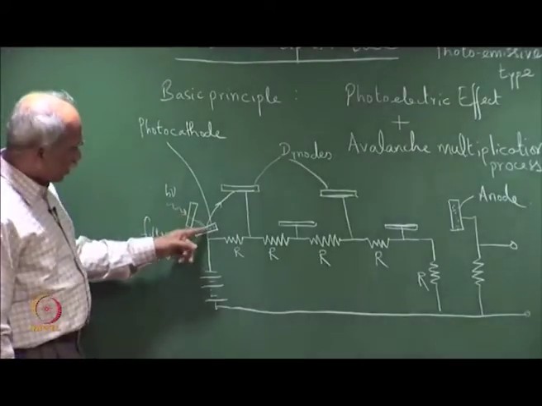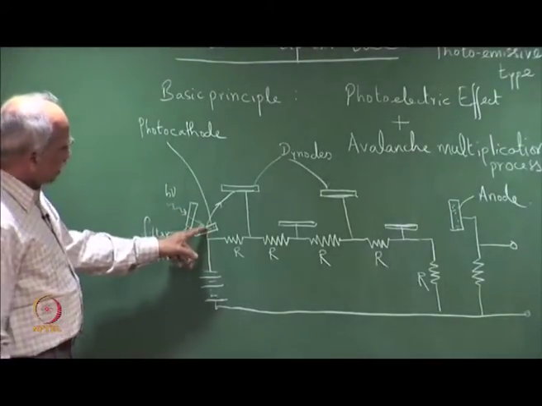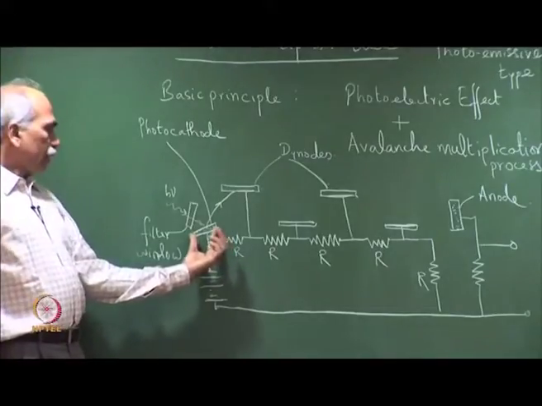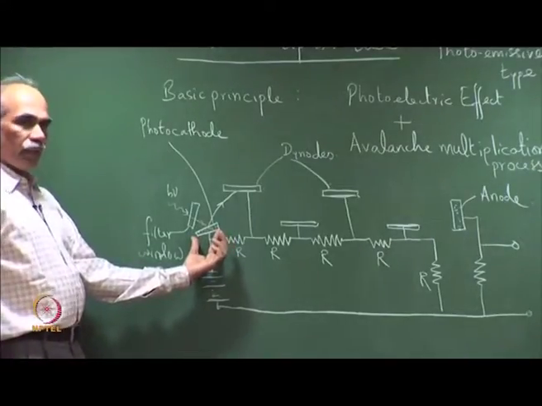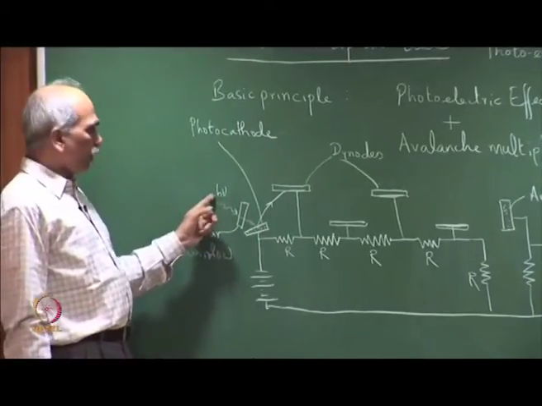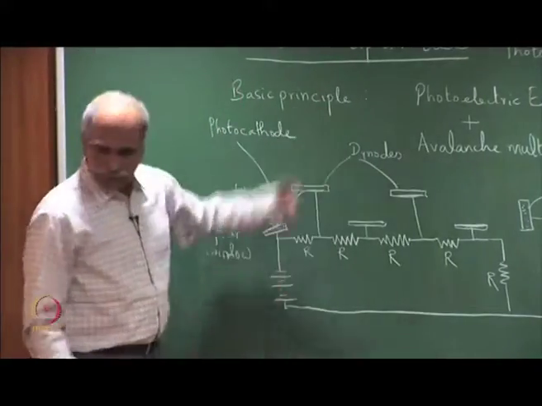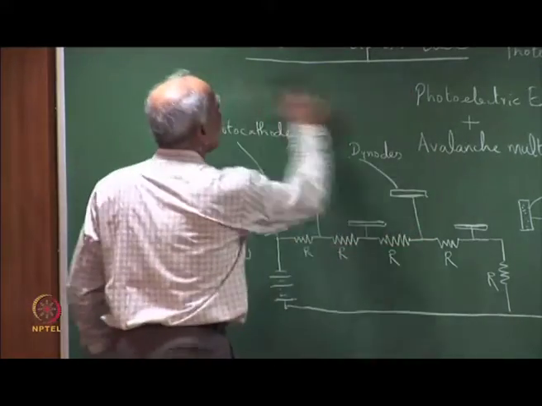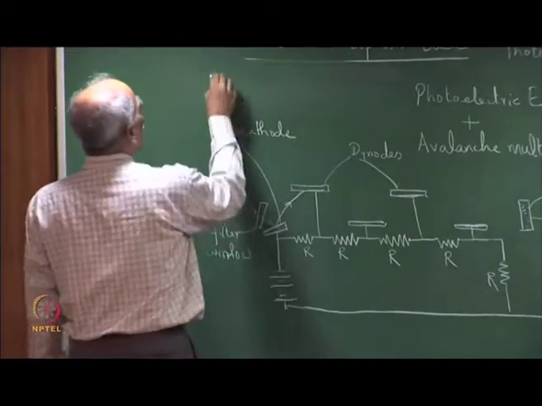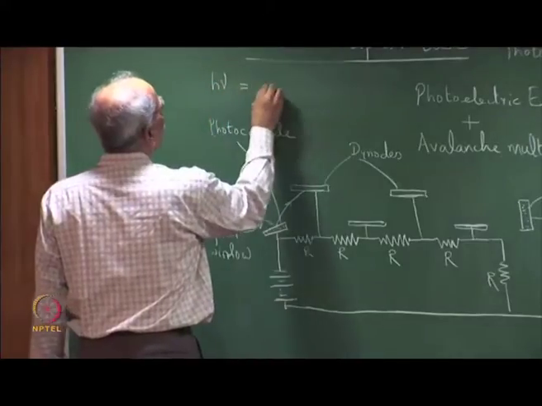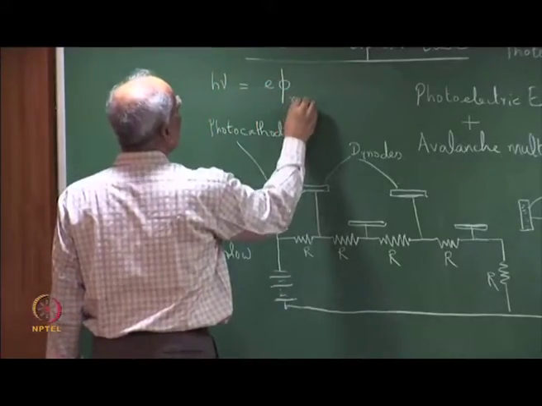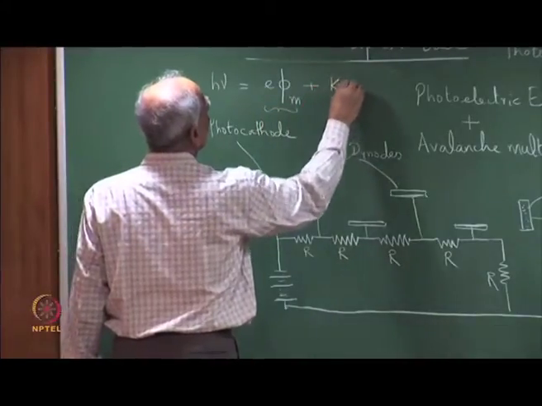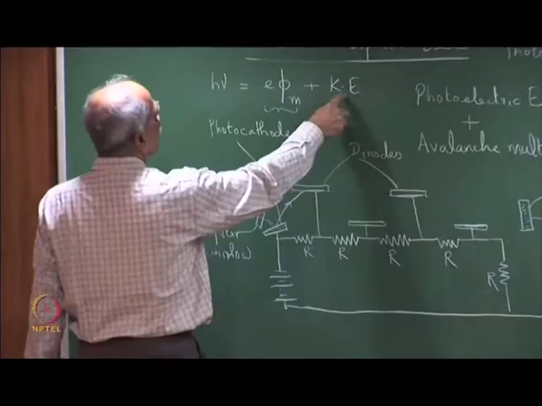The incident photon releases a photoelectron provided the work function of the photocathode is smaller than the photon energy. This is the basic equation of the photoelectric effect: h nu is equal to e phi m or W, the work function, plus the kinetic energy of the electrons.